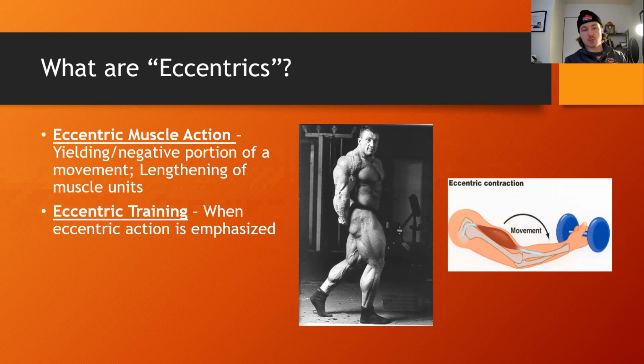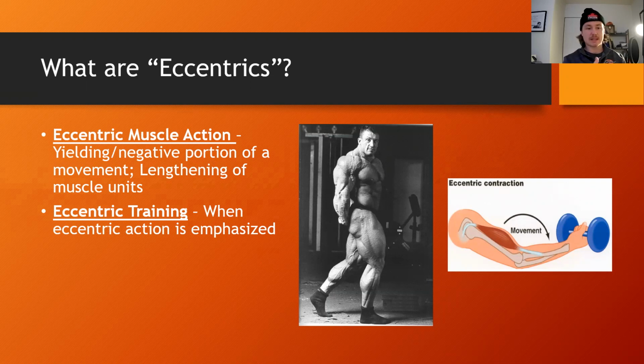The reason I added the black and white picture is because that's one of the top bodybuilders ever, and one of my personal favorites. His name's Dorian Yates, and he was one of the first big guys that I know of that really tried to advocate for emphasizing the negative, or the eccentric.